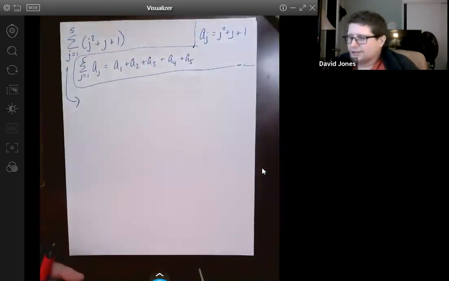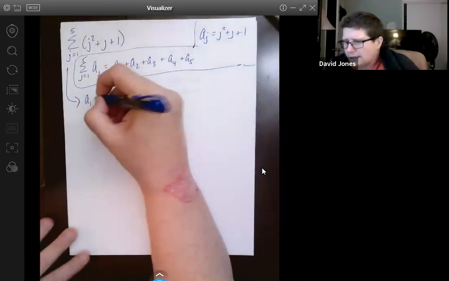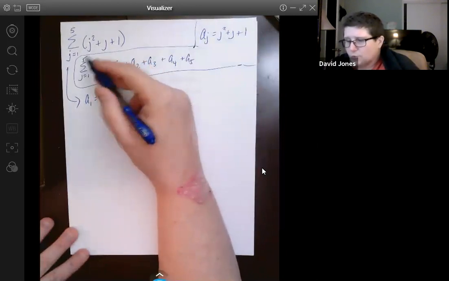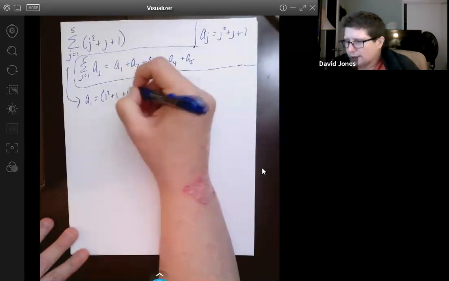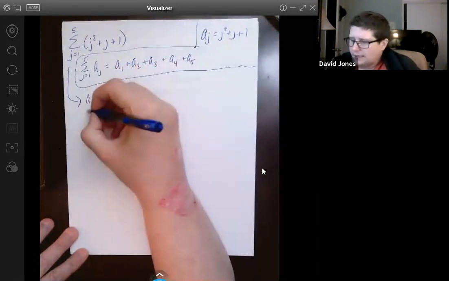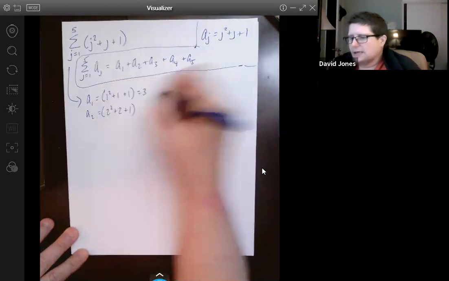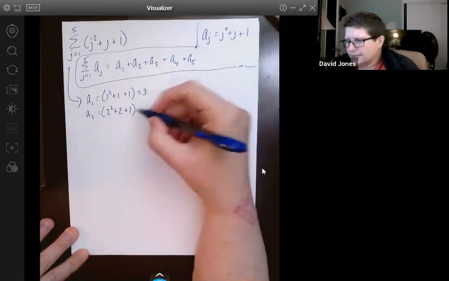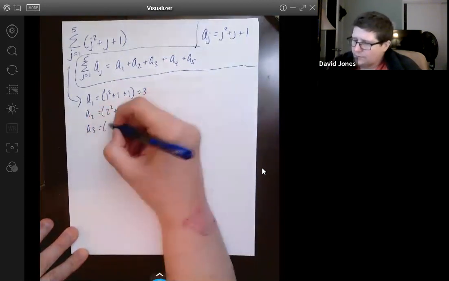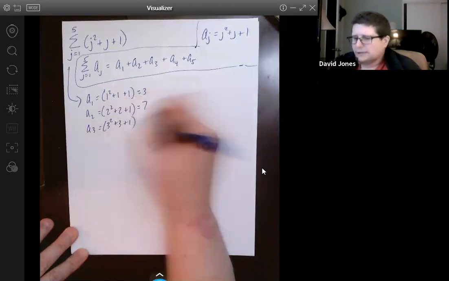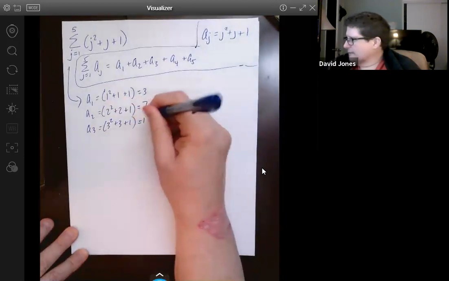You can jump straight to calculating what the terms are. So what's a sub 1? j equals 1 at that point. 1 squared plus 1 plus 1 is 3. A sub 2, 2 squared plus 2 plus 1. 2 squared is 4 plus 2 is 6 plus 1 is 7. A sub 3 is 3 squared plus 3 plus 1. 3 squared is 9 plus 3 is 12 plus 1 is 13.